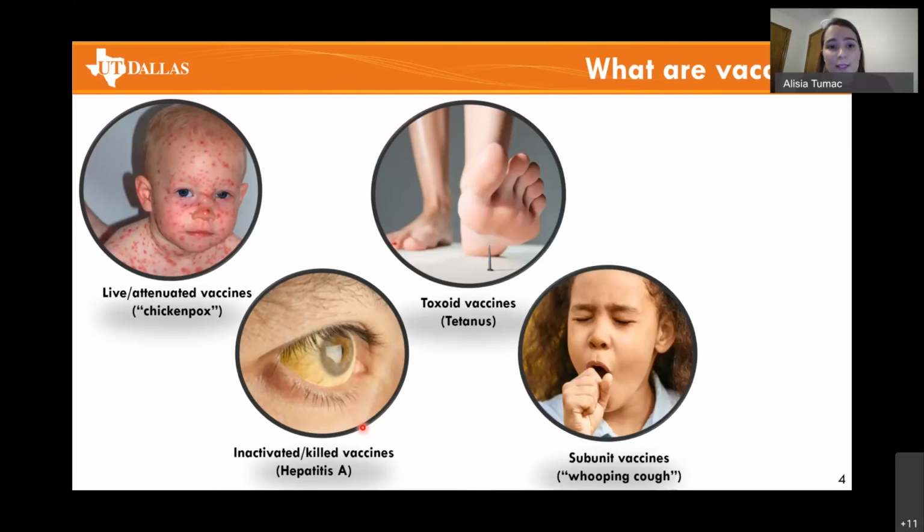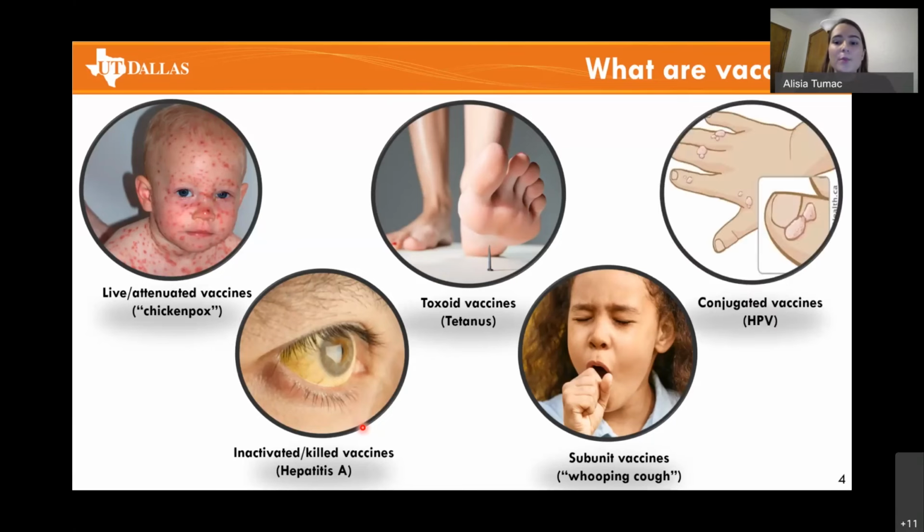It's a subunit vaccine. Whenever the pathogens are highly dangerous, they would basically take out only specific carbohydrates or proteins specific to that pathogen, and they would formulate them into a vaccine and inject them. And so whenever you would encounter the real pathogen, your immune memory would recognize them based on specific proteins or carbohydrates.